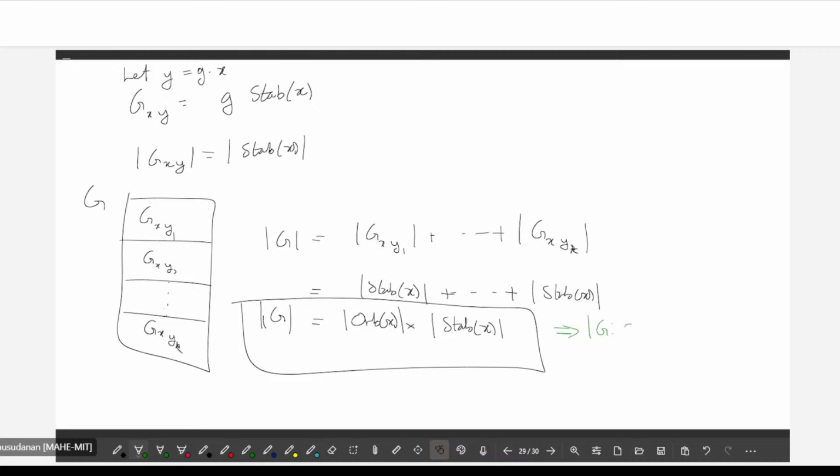So this notation for index will be equal to the length of the orbit. Yes, so you're right. If the length of the orbit is 2, that's one case where the stabilizer has to be normal. But more generally, when is it normal?